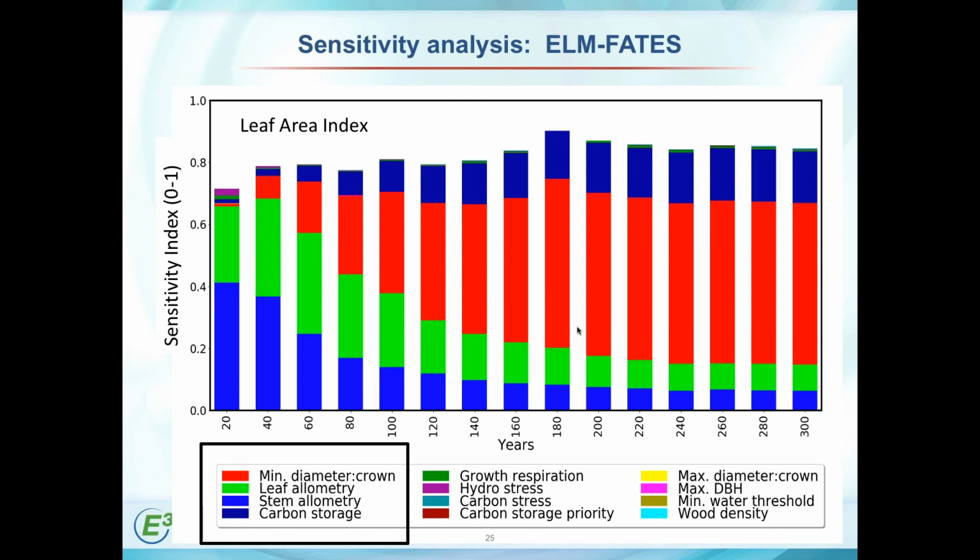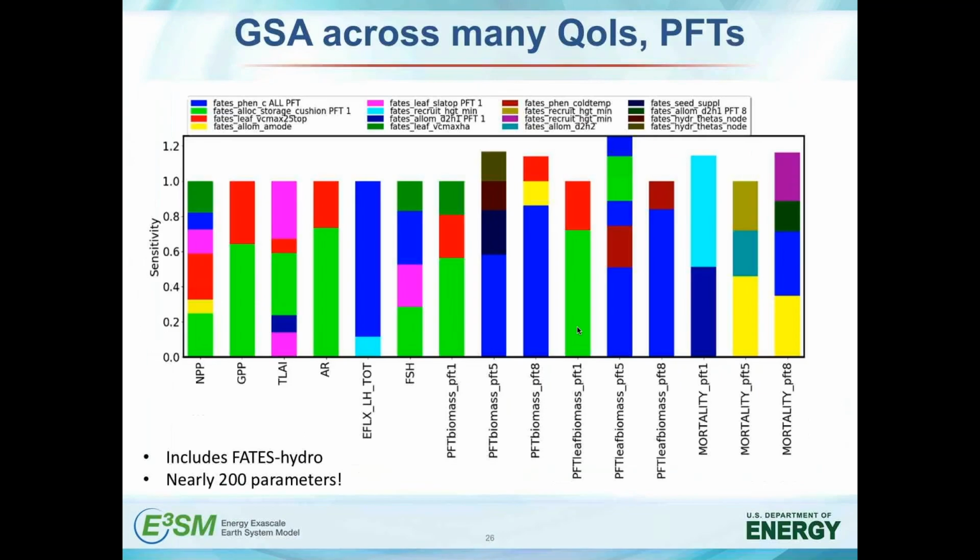More recently, we've been looking at this site in more detail for a number of additional quantities of interest and for multiple plant functional types. In this case, we're looking at 3 plant functional types that are known to grow at this site. We've also turned on the FATES hydro model. And so when we do these things, we have a lot more uncertain parameters than we considered before, so nearly 200 parameters.